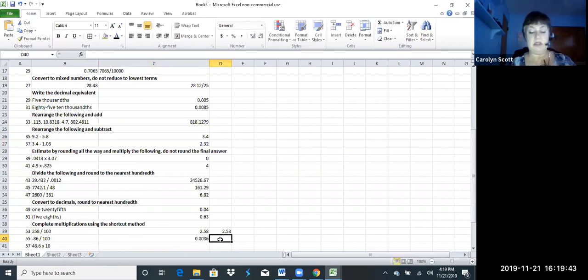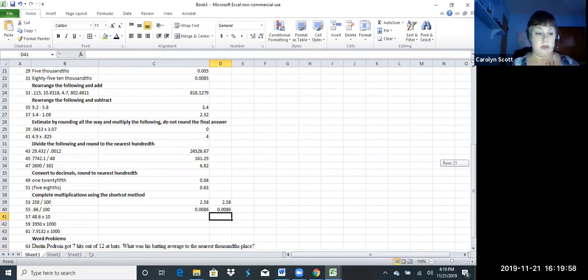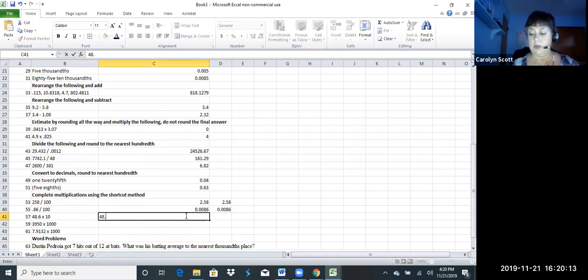Once again, if you're not completely convinced, let's do the math. But the whole point of this shortcut is to not do the math, but I just want to show you that the shortcut works. So for the next one, we have 48.6 times 10. We already have a decimal place here, so we know we just need to move it 1 to the left. So 48.6, we're moving our decimal 1 place to the left.